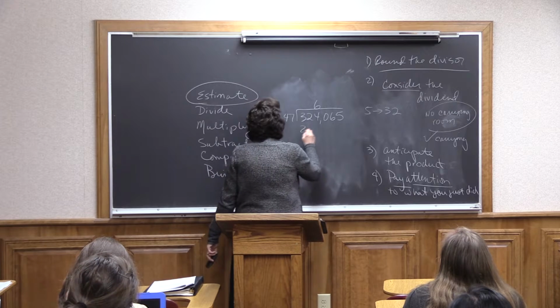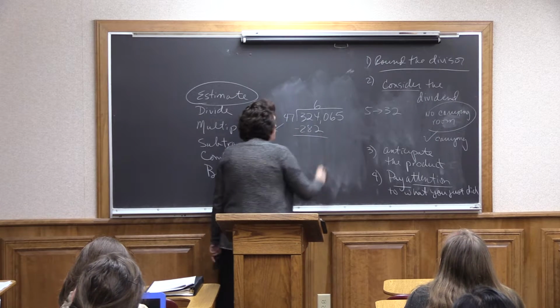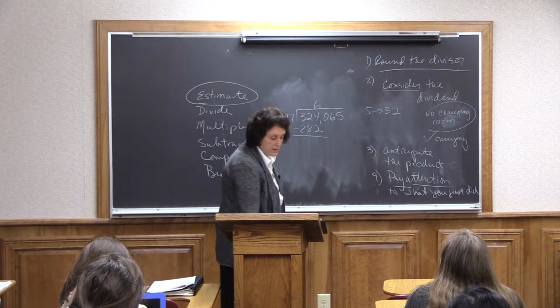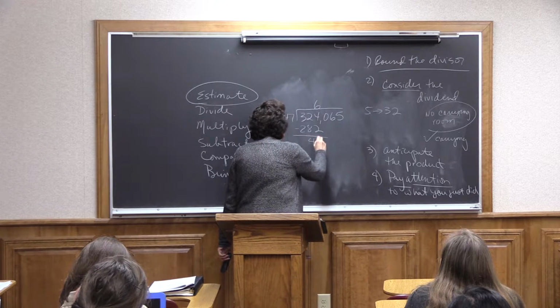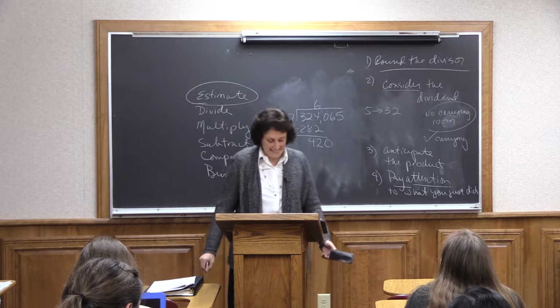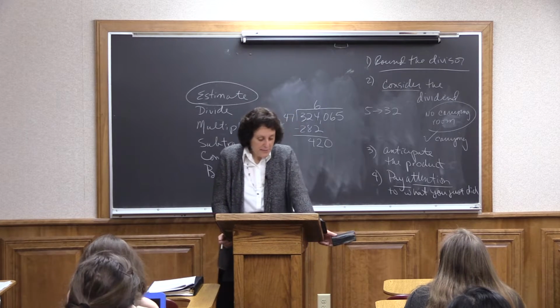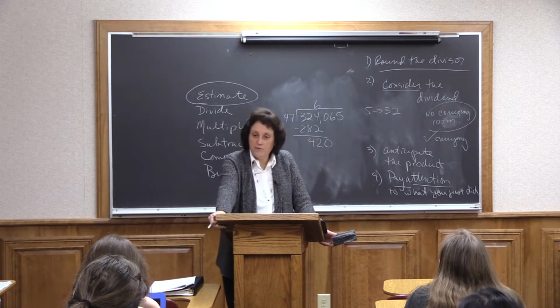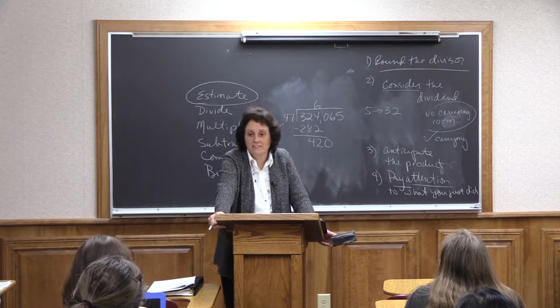This will give me 282. When I multiply, and I subtract, I get 42. Bring down 420. Okay, how many times does 5 go into 42? 8. Carrying room? Sure it is.